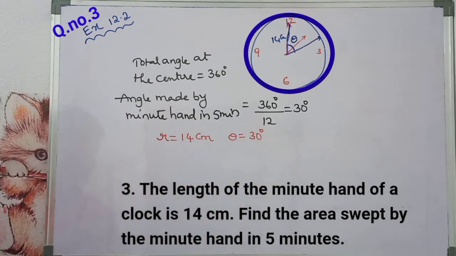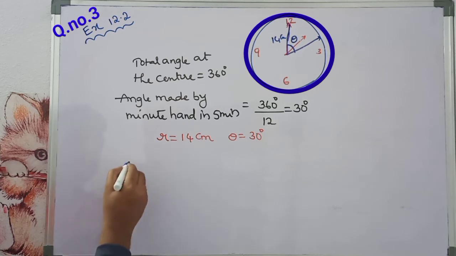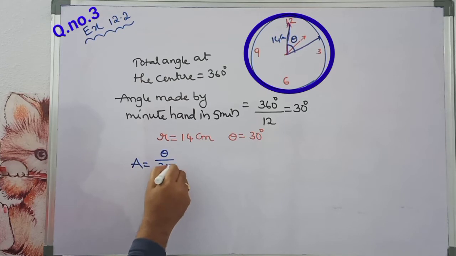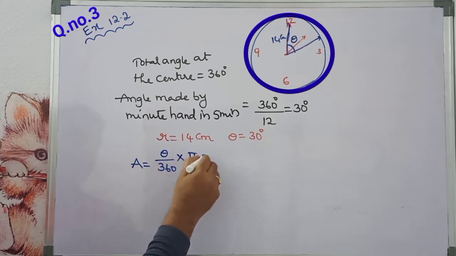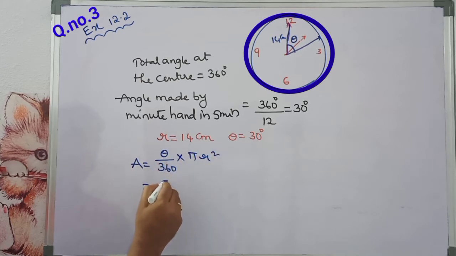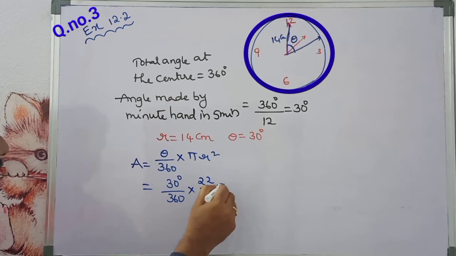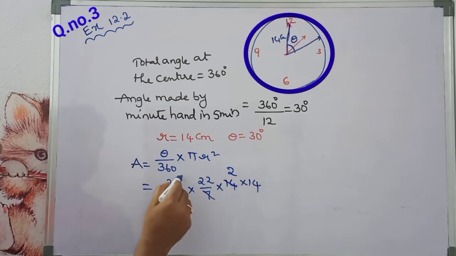Now the area of the sector, A equals theta by 360 into pi r square, where theta equals 30 degrees. 30 by 360 into 22 by 7 into the radius 14 into 14. 7 will go here 2 times. 30, 0 0, 3 12 times.